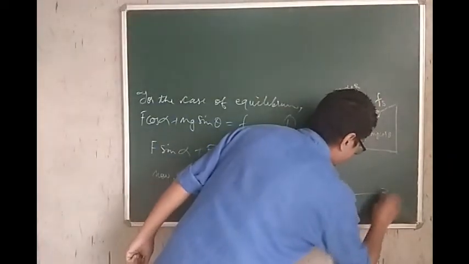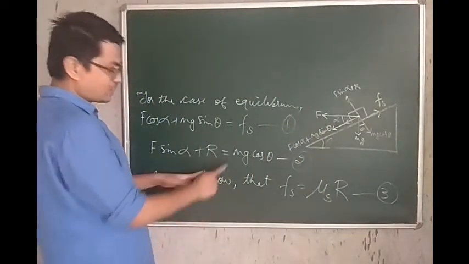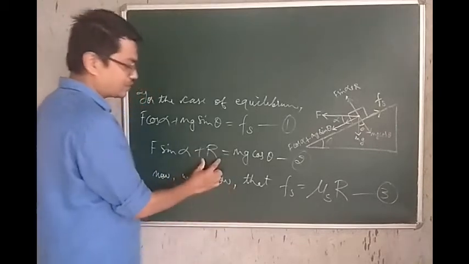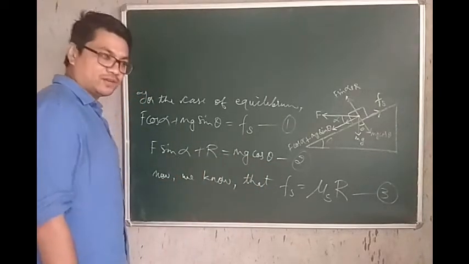Let this be our equation 3. Now see, from equations 2 and 3, we can write R is mg cos theta minus F sin alpha.